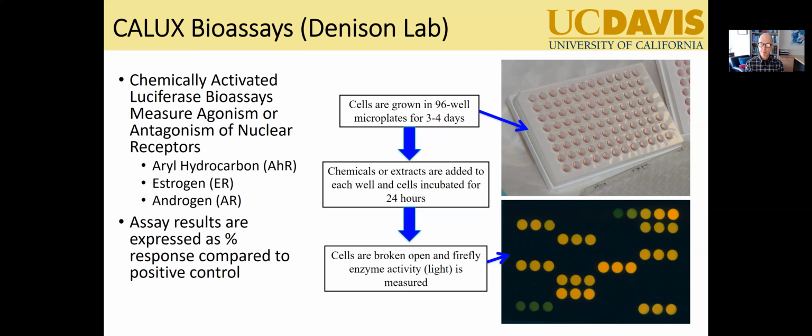And that can also happen in a case where the chemical blocks the binding of something to the receptor, for instance, estradiol to the estrogen receptor or testosterone to the androgen receptor, and it actually reduces the activity, and that's referred to as antagonism. And we'll see some of both of those effects in the data. These assays are all done by Guo-Chun He in Mike Denison's lab here at UC Davis.